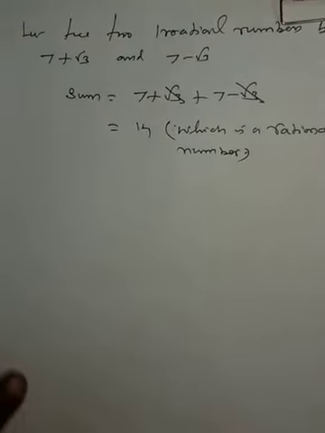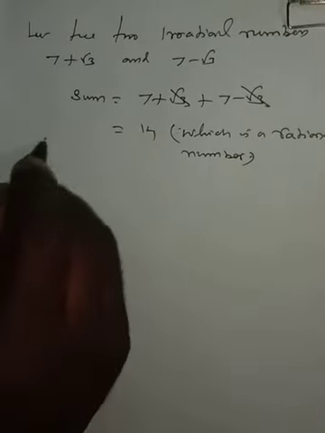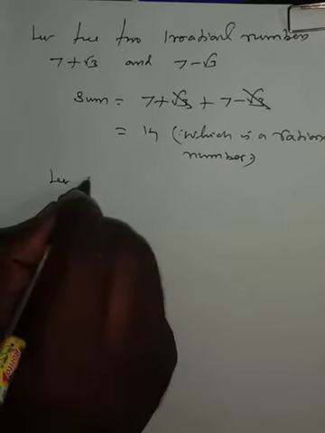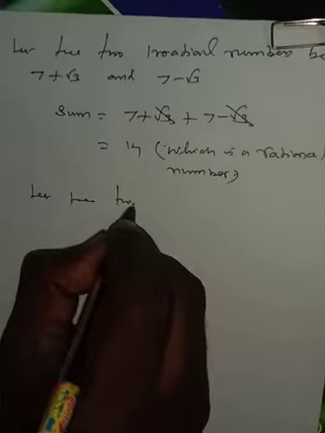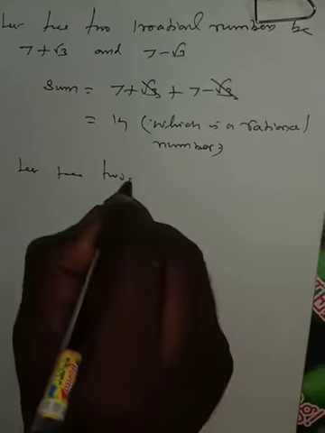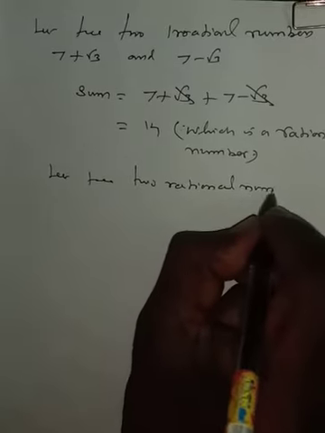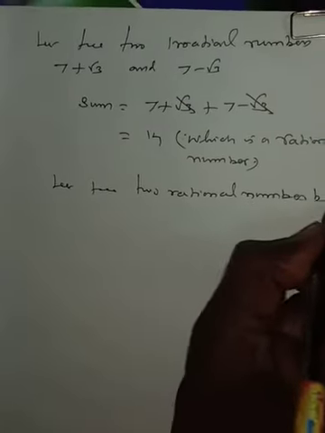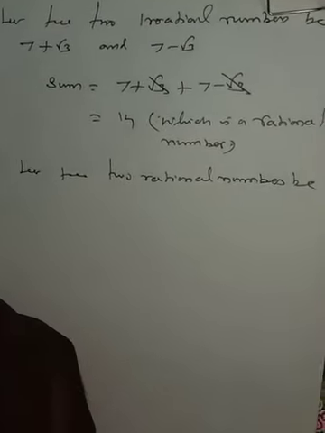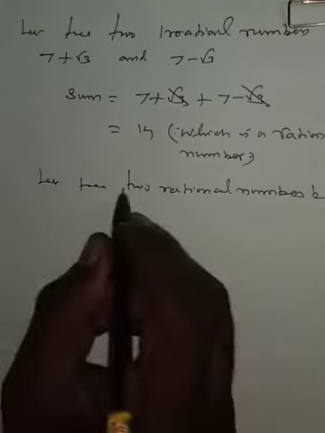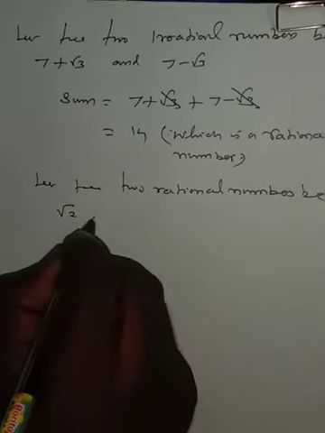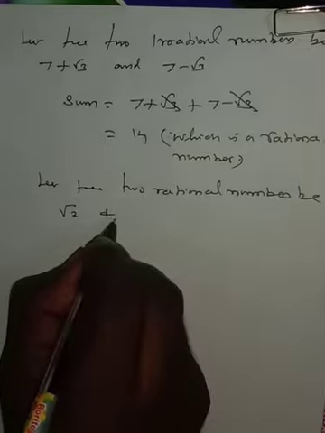Next, let the two irrational numbers be root 2 and root 8.